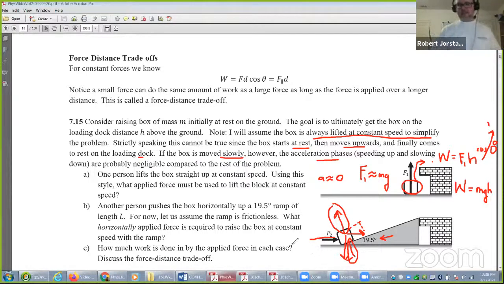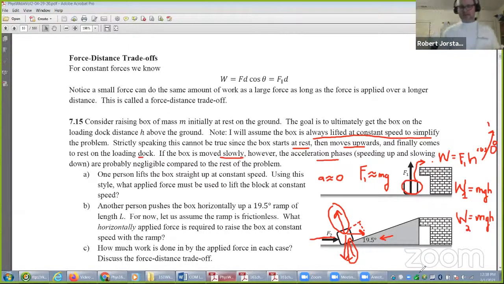In this case, you could go through the calculations, figure out all these things, and the work, and you could read this in the solution, should end up being exactly the same to raise it up. Crazy. So the work done by force 2 should exactly equal the work done by force 1.